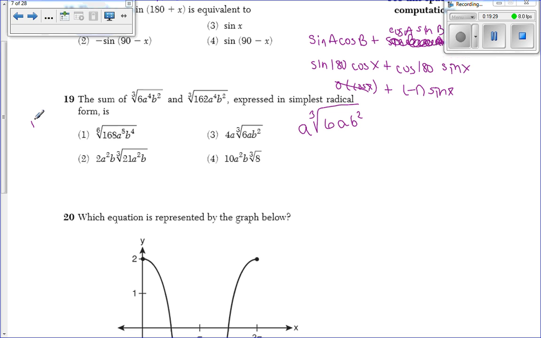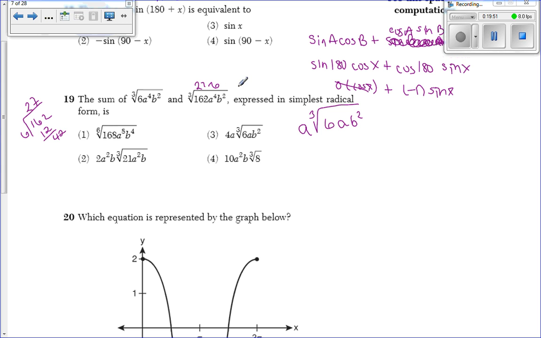So 162 divided by 6. I have a hunch it goes in. That's 27 times 6.